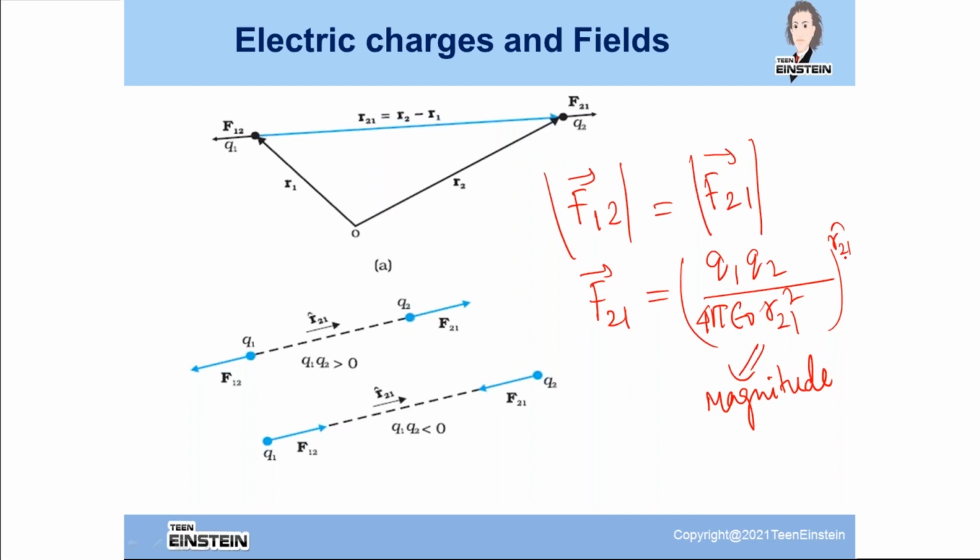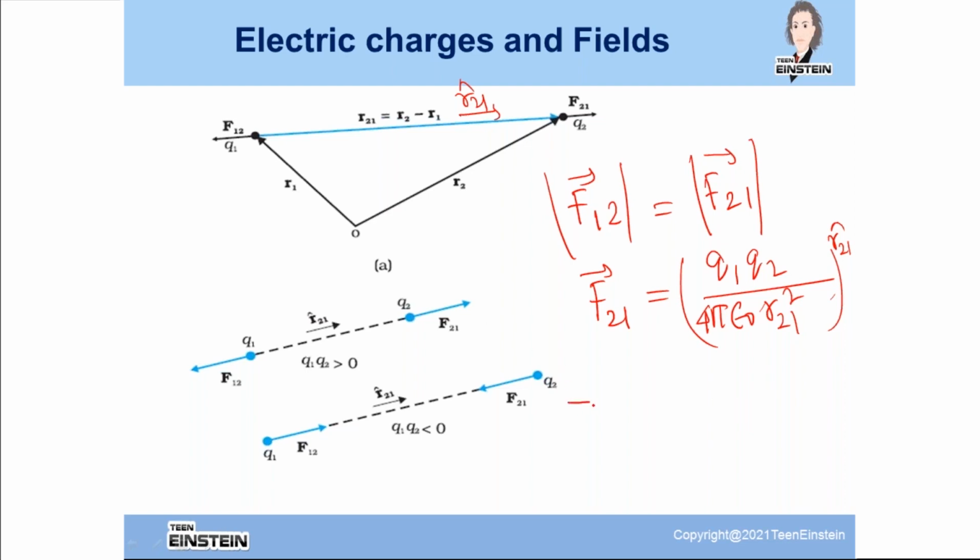Any vector I can write by its magnitude times its direction. Its magnitude is this one, the magnitude of the force. And what is the direction? The R21 direction is this one. So this is the unit vector.